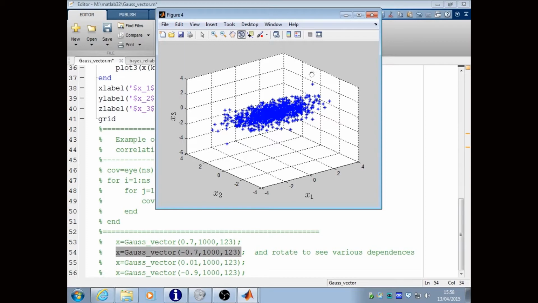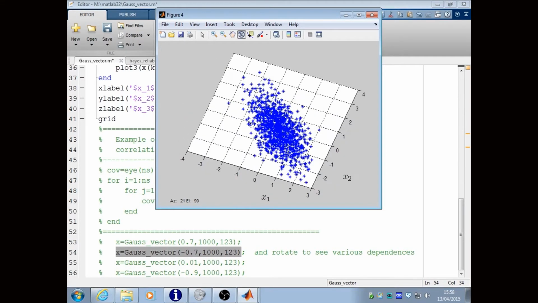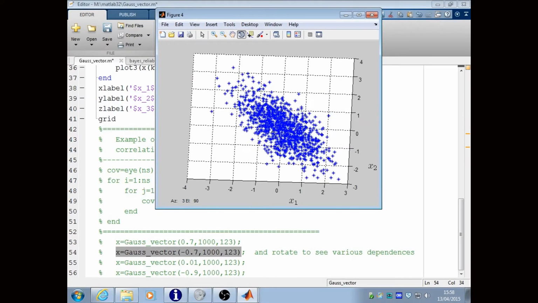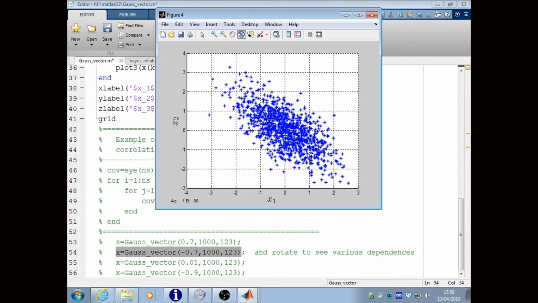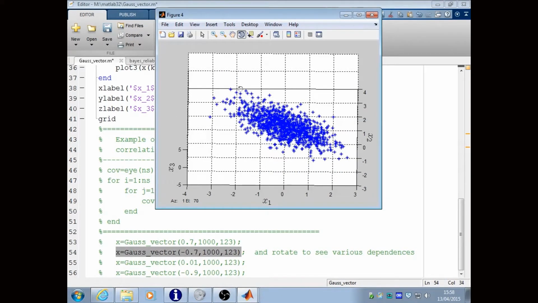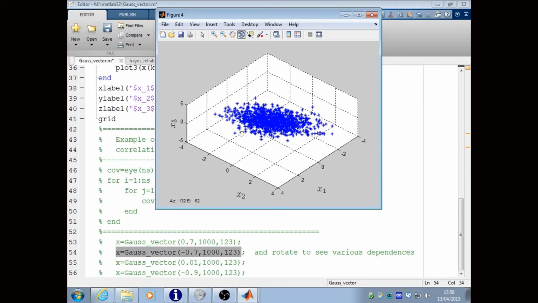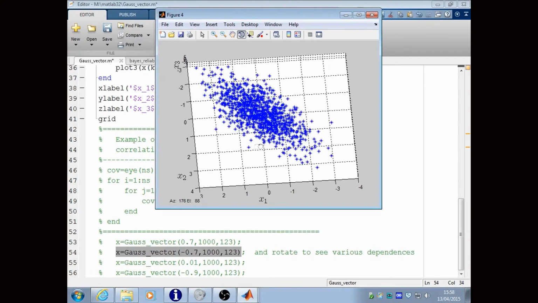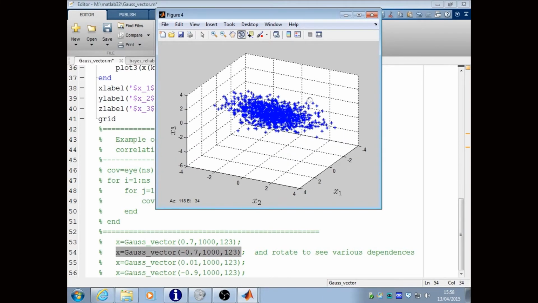Why doesn't it let me? Oh, okay, now. Okay, this is 1, 2, negative correlation, and now I'm trying to see the other one, 1, 3. No, still 1, 2. How am I going to get 1, 3? I should be able to do it, right?